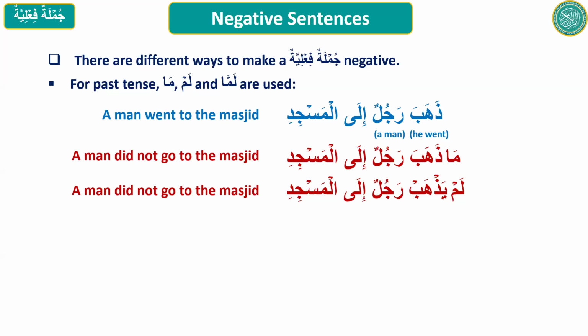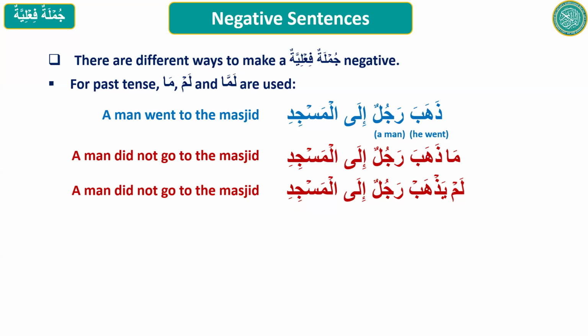So this is a strong operator. It doesn't only work with mudari but also makes a change in the mudari. We will learn in detail how lam and some other words that belong to its family do this to al-fi'l al-mudari. We will learn it separately, so don't worry too much about it right now.